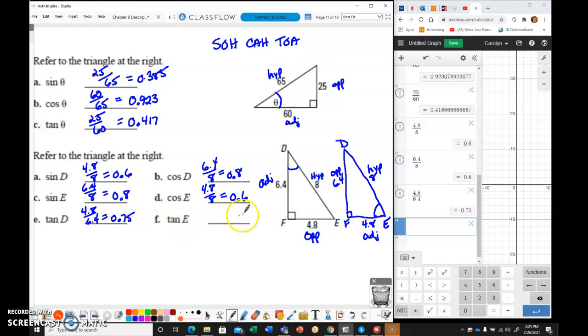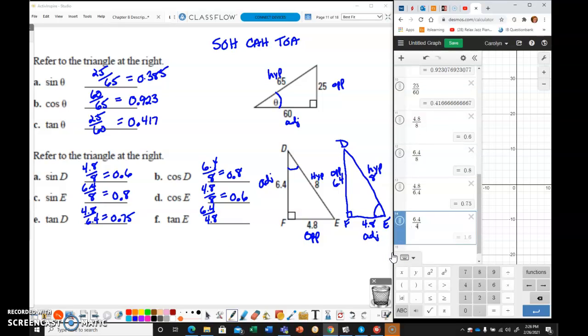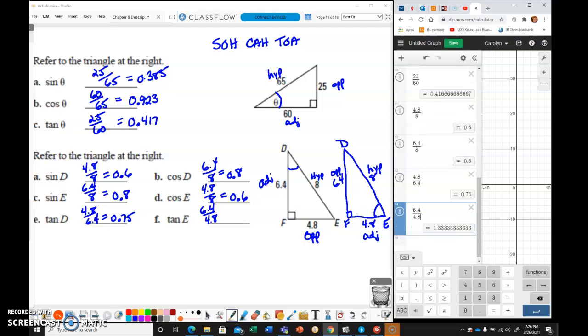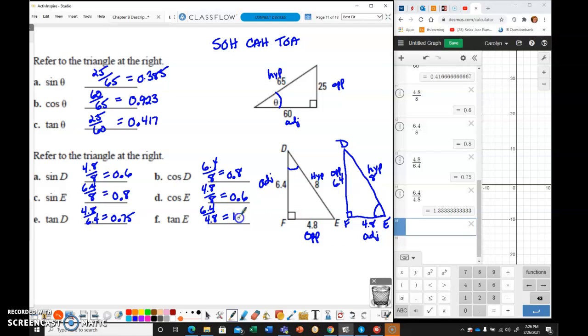But this one is talking about angle E, so I'm going to this triangle and doing the opposite over the adjacent. 6.4 over 4.8. Remember, we talked about that in the first part of this, that these two are reciprocals of each other. So I'm going to do 6.4 divided by 4.8, and that's going to get me 1.33 repeating.